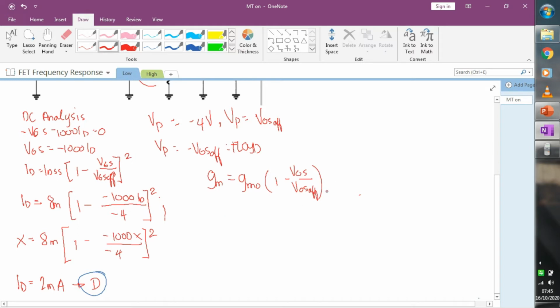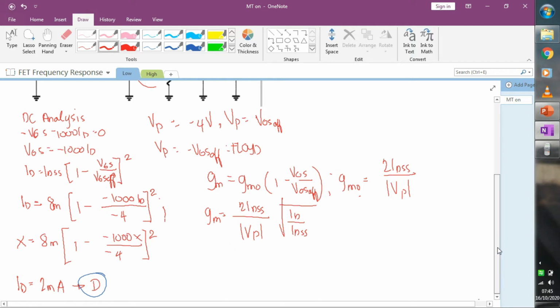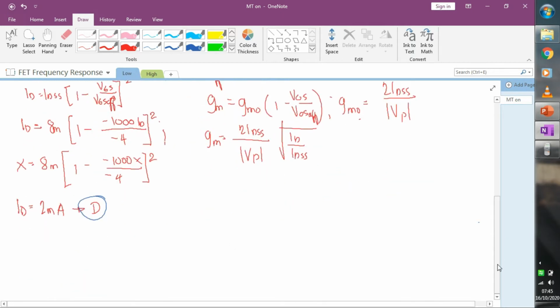So another derived formula, if we set GMO equal to 2 IDSS over the absolute value of VP, GM could also be calculated using 2 IDSS all over the absolute value of VP times the square root of ID all over IDSS. Okay, guys. So what is GM? What is GMO? GM is your transconductance, while GMO is your maximum transfer conductance or transconductance.